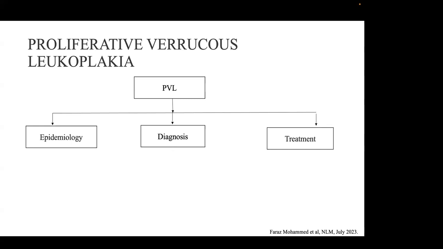Further, nivolumab is a monoclonal antibody, which is still under trial, but this has also been used in the management of PVL because it works as an anti-programmed cell death protein 1 antibody.